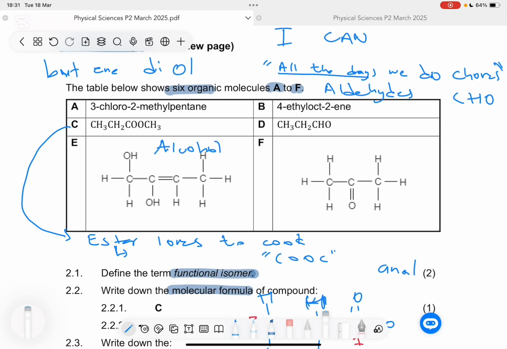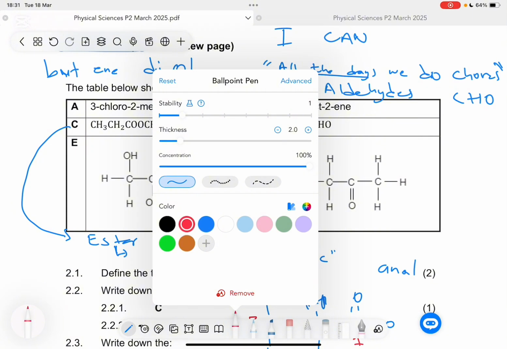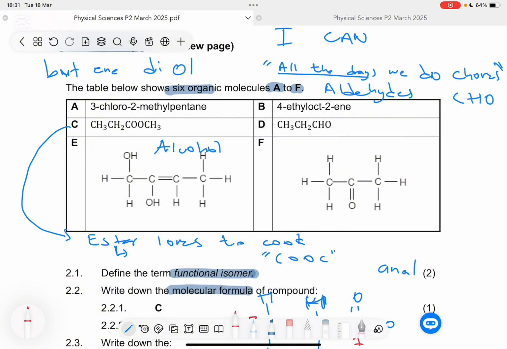But now the other things that we have to put are the positions. Here I have to specify the position of this double bond, and also the position of the alcohol. To do that, again, we are going to count our carbons in the longest chain, from the carbon that is close to the functional group. Our functional group here is this one, and the carbon closest to them is this one.